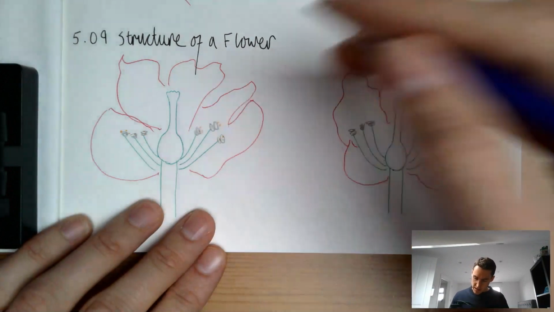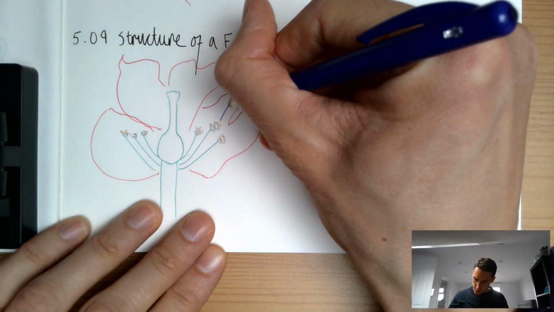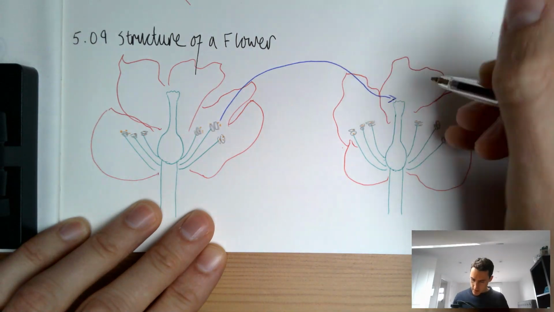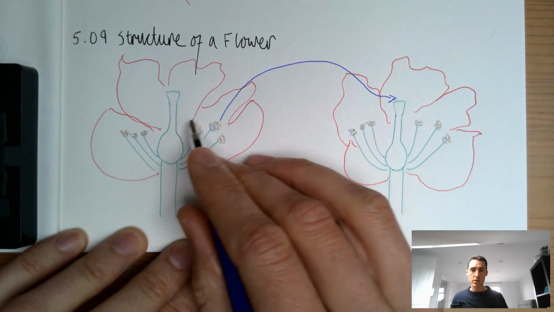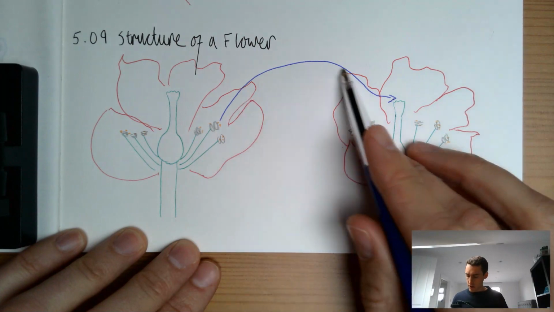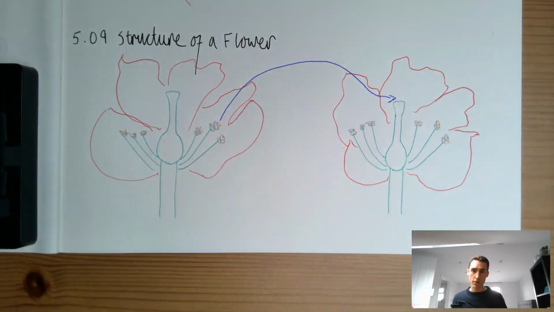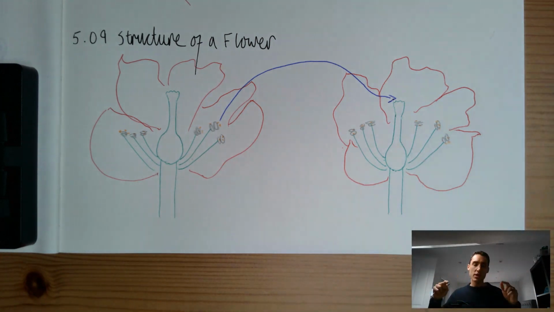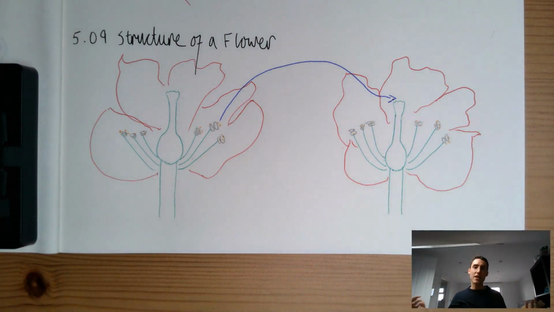So essentially, for fertilization to occur, we need to get some of this orange stuff from the anthers over here, or to the stamen, over to the stigma of a different plant. And this is where in the next lesson we're going to look at pollination. How do we do that? And again, students are only going to understand all of that stuff about pollination if they see how it relates to this bigger idea of fertilization.